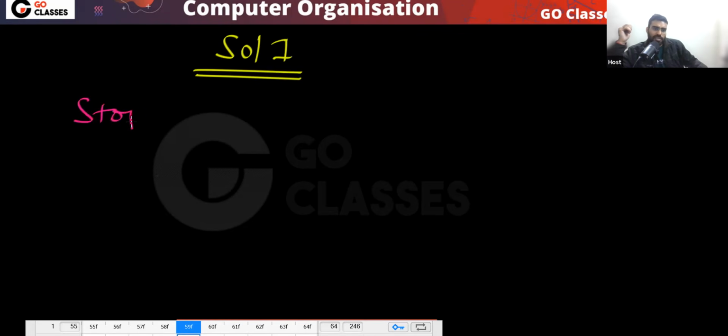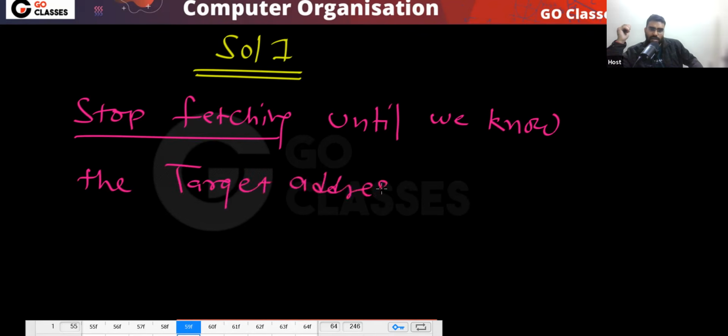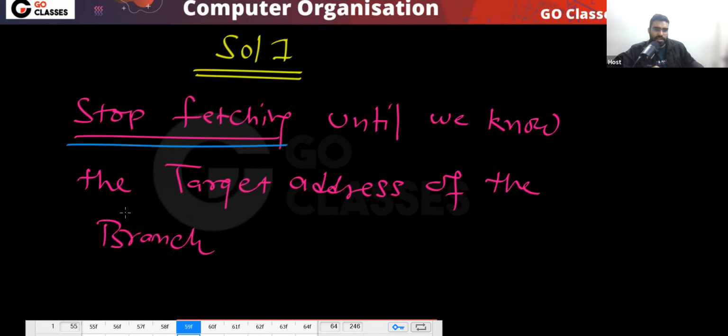This solution one simply says that we stop fetching until we know the target address of the branch. Very simple solution, isn't it?